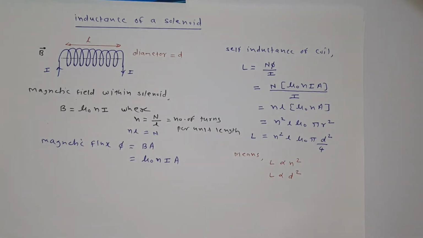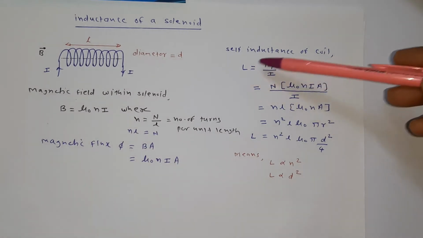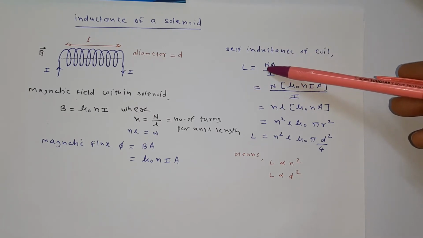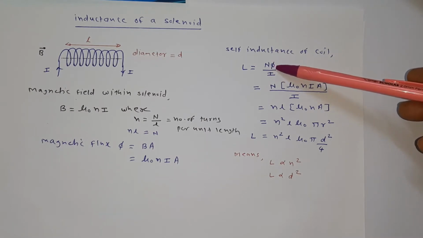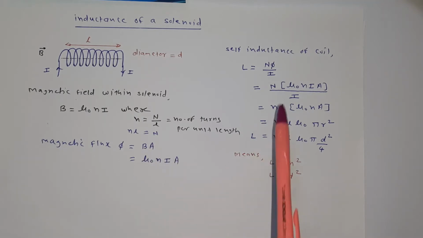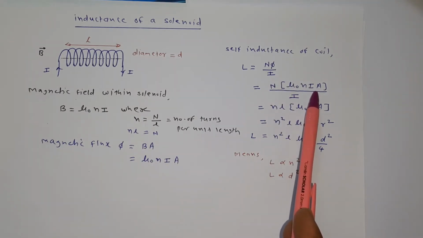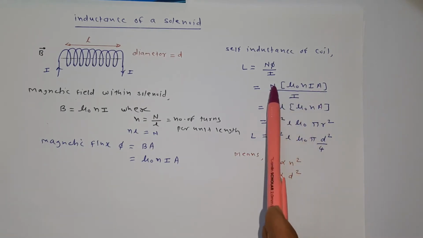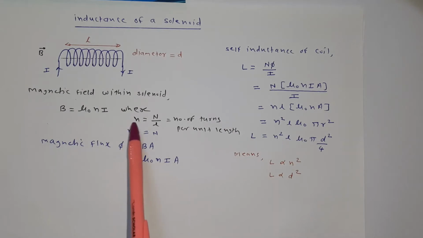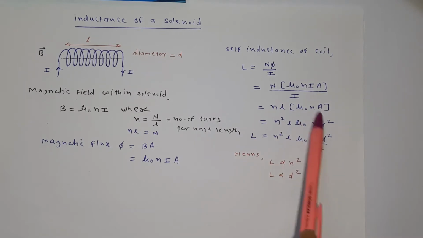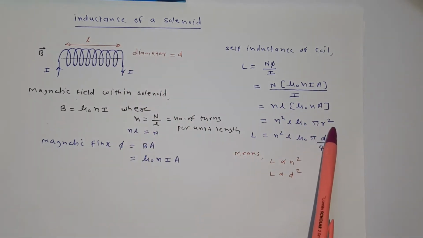Formula for self-inductance, as we just discussed, is the ratio of flux to the current flowing through it. L is equal to the number of turns multiplied by flux over i. We put the value of flux from here, that is mu 0 n i. The i cancels, so we get mu 0 N n A. Capital N is equal to n into small l, so n square, l as it is, mu 0 as it is, and area, if it is circular, is pi r square.